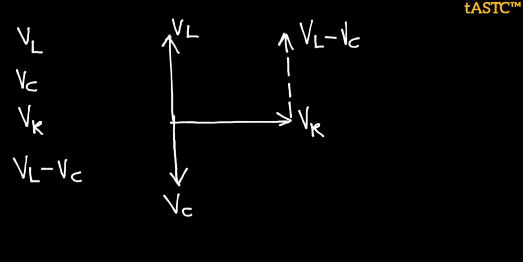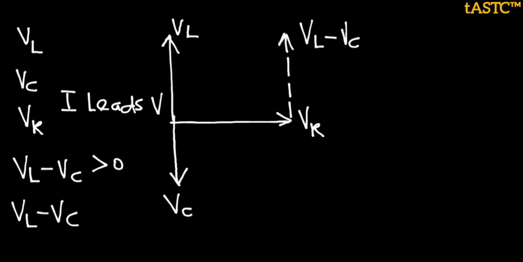Now if you got V L minus V C, which is the potential difference across the inductor minus the potential difference across the capacitor, if this is greater than 0, then you need to know that the current in this circuit is going to lead the voltage. But if you have V L minus V C being less than 0, then the current is going to lag the voltage.